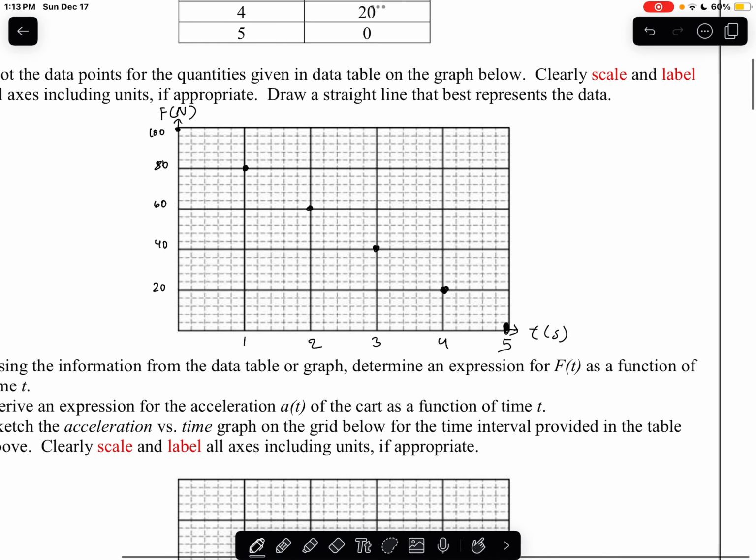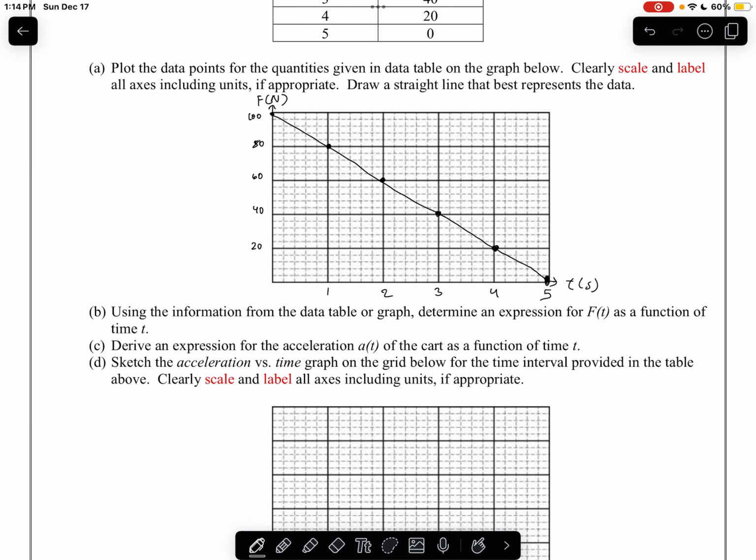Okay, and draw a best fit line. Okay, that's not straight. Okay, that is straight enough. And then using the graph, I can determine an expression for F of t.